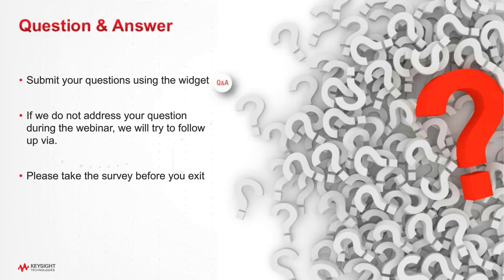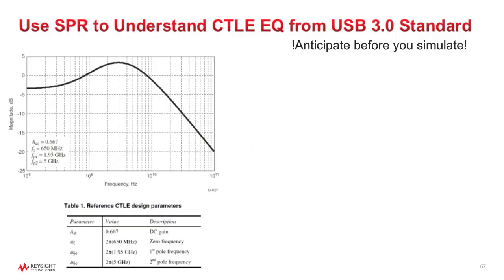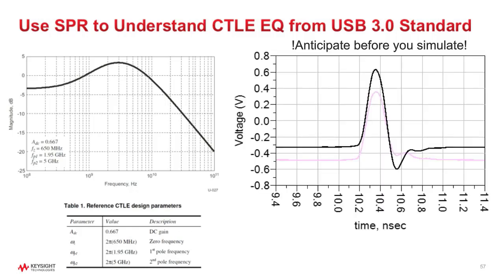Here's a nice question from Uday, Tim. The pulse does not show reduction in amplitude after CTLE. Could you repeat? Let's see. I can go back to the slides here, push to audience, and you see my slide right here. Yeah. So it does increase, but if you look at the pink line at minus 0.5, it actually decreased to minus 0.3.